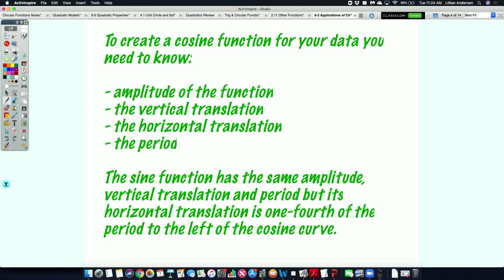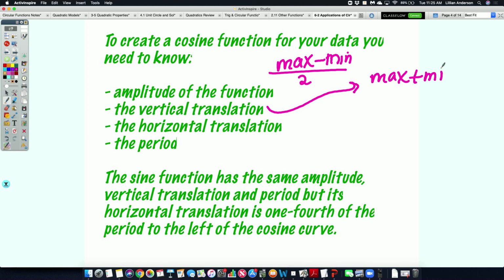So, what were those formulas again to find the amplitude? What do we do to find the amplitude? Max minus min divided by 2. How do I find my vertical shift? Max plus min divided by 2. Remember, your vertical shift was also known as your midline, okay?